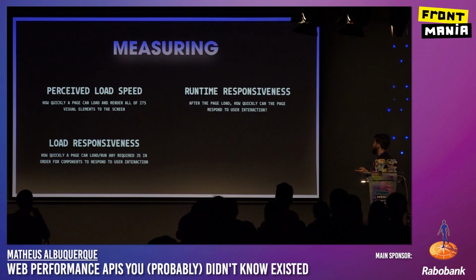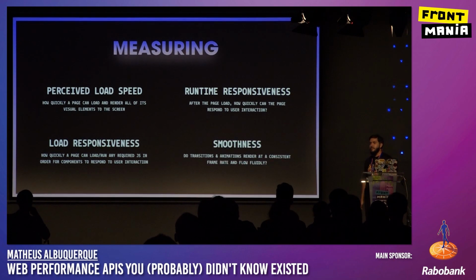Then we have runtime responsiveness, which is also tied to responsiveness, but it's about being able to quickly respond to user interaction, like the examples we saw before. And we have smoothness, which is about animations and transitions: are they going fluidly, or what's the FPS of those things in our app, etc. And we can come up with even more metrics.